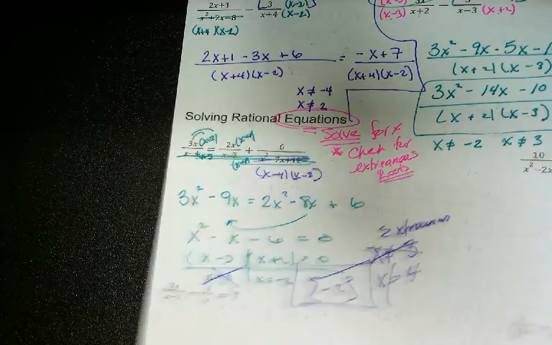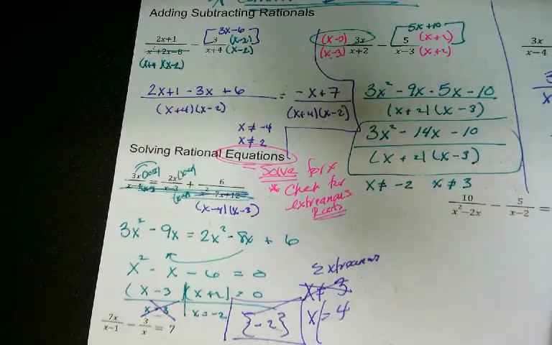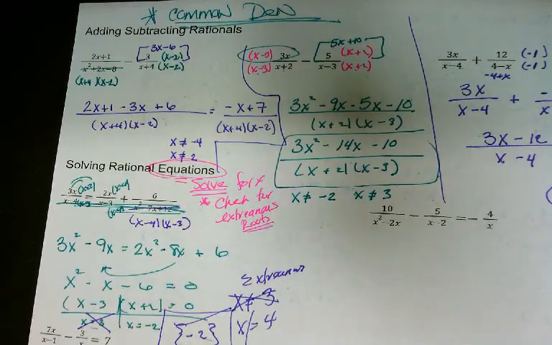All right, let's squeeze one more in. Look at the one to the right. Factor who you can, so you can come up with your common denominator to make them all look the same.